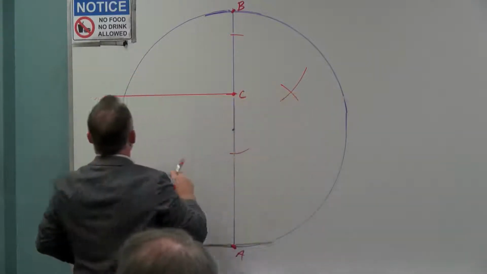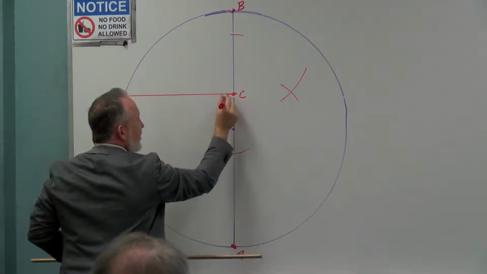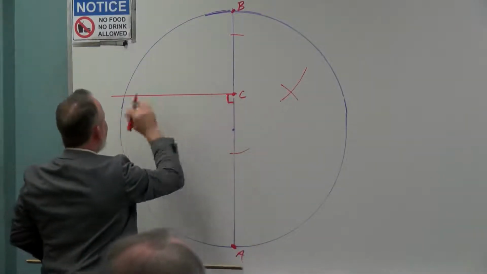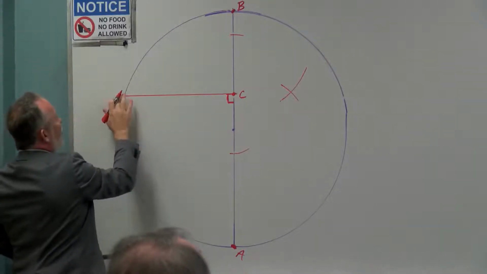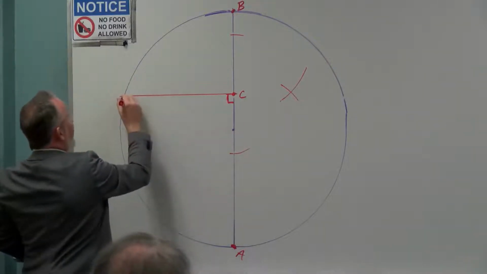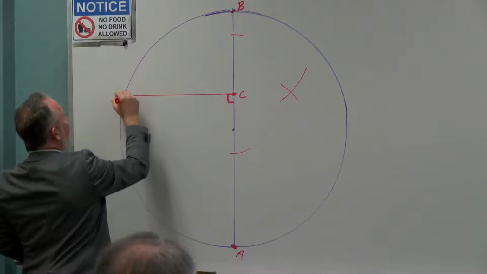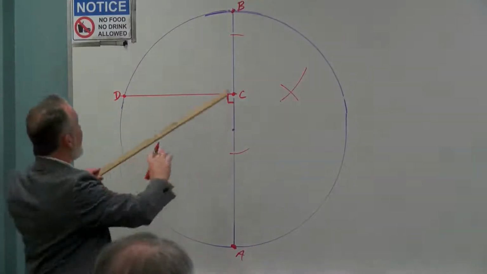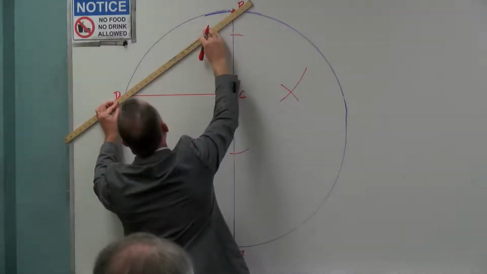And so by construction, this is a perpendicular right here. This is a right angle. And then I'm going to call this point D, and I'm going to connect these.